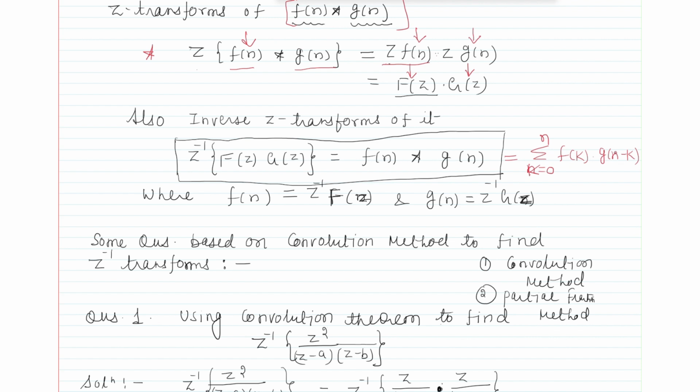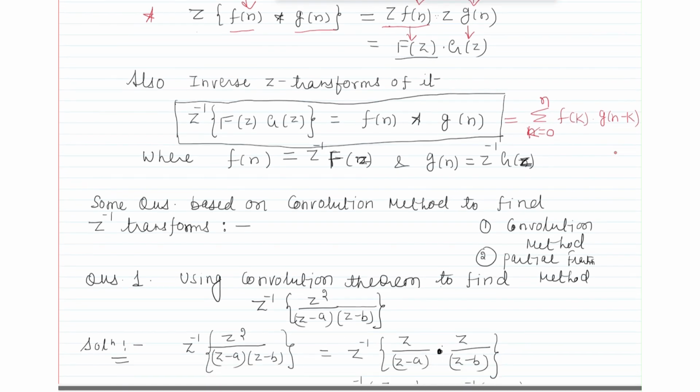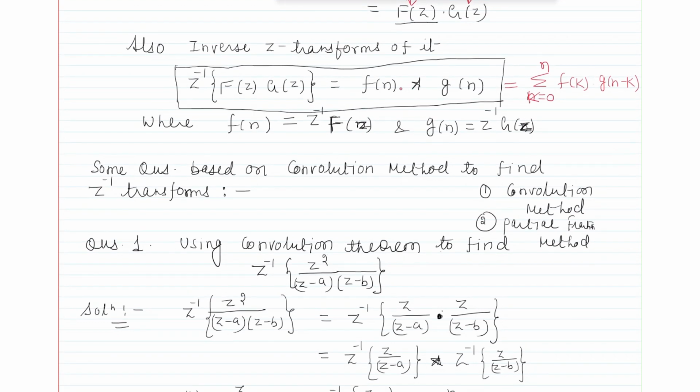This is the inverse z transform in the convolution of two sequences. And always remember what f(n) is: f(n) is nothing but the z inverse of the first function of z, and g(n) is the z inverse transform of the other function G(z). So you have to learn all these points or definitions to solve the questions.